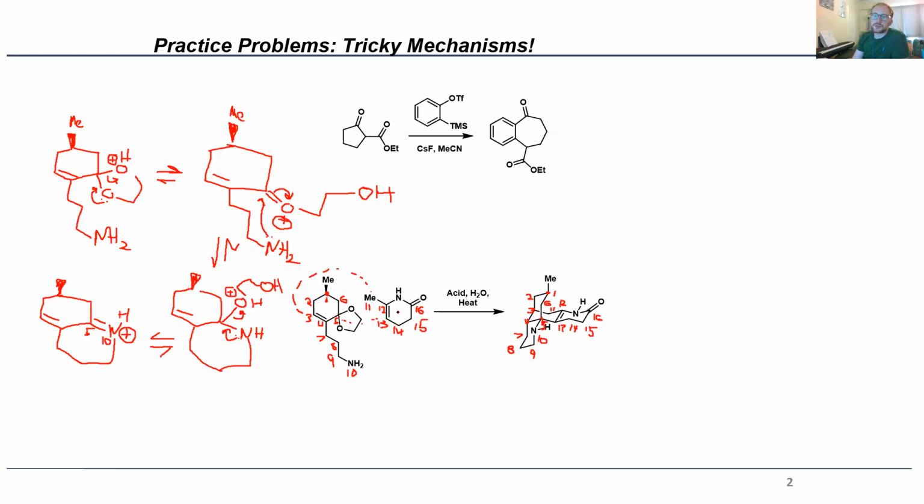And so with these structures, you could think about another tautomer, especially under acidic conditions.